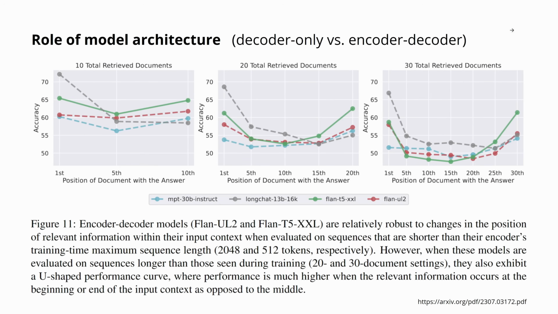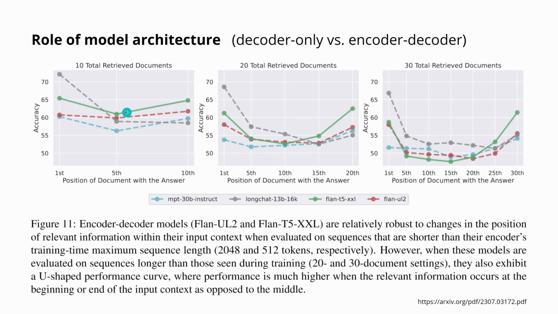But you might say, okay, maybe this is a transformer-specific rule given the architecture. So they compared decoder-only, so GPT systems, against encoder-decoder, a complete transformer architecture like FLAN-T5.